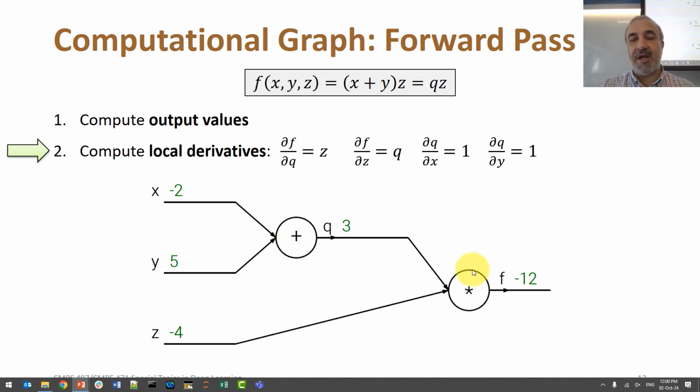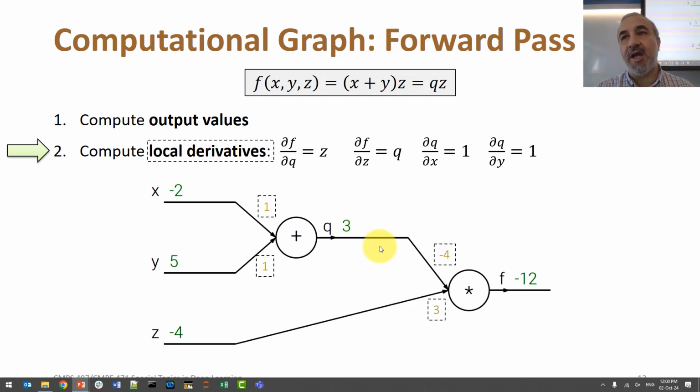Okay. Can we do the local derivatives for this node, for this gate? Yes. What is df by dq? Which is -4. What is df by dz? 3, which is q. Yes, 3 in this case.